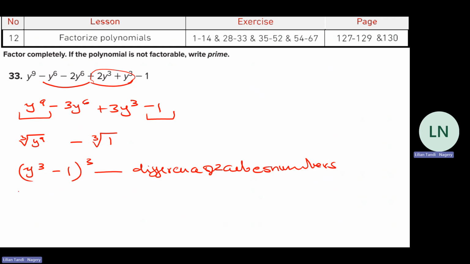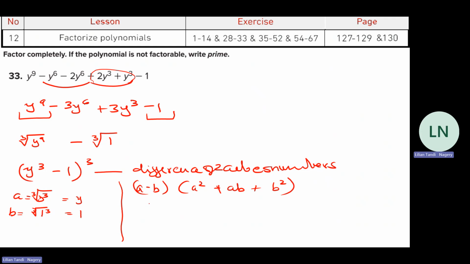So you're going to find the cube root. So you're going to find A. A equals the cube root of y cubed, and B equals the cube root of 1 cubed. That gives you y, that gives you 1. So then you're going to write A minus B, A squared plus AB plus B squared.